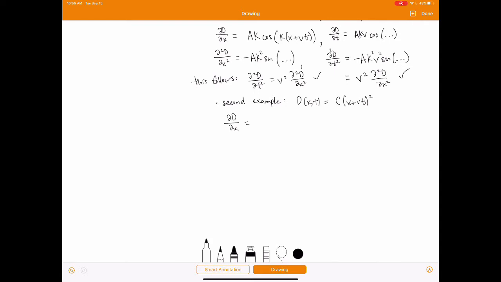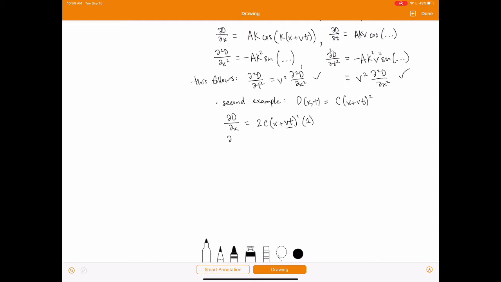So the way I do this is I take the 2 out front. By the power rule, this becomes 2c times (x plus vt) to the first power. And then I have to take the derivative of what's inside with respect to x. So what's in the parentheses is just x plus vt. Again, v and t are treated as constants. So we're just taking the derivative of x, which is 1.